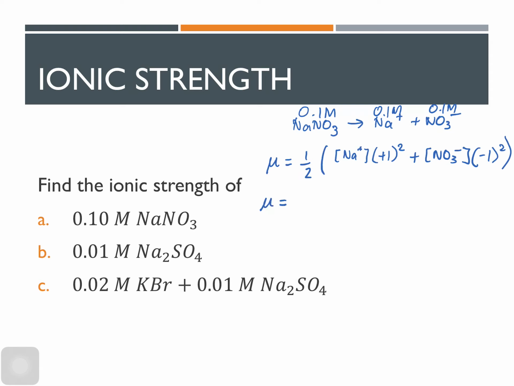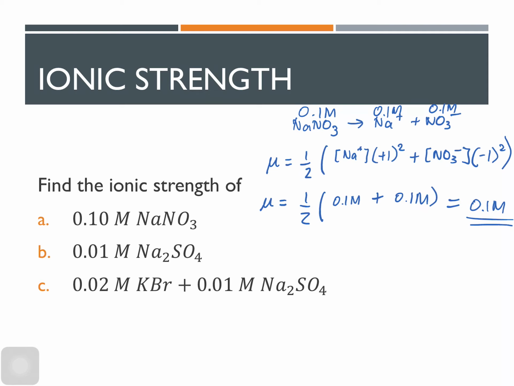That is 1/2 times 0.1 molar times 1 squared, which is still 1, plus the concentration of nitrate ion, 0.1, times negative 1 squared, which is 1, so 0.1 times 1 is still 0.1 molar. The ionic strength for the sodium nitrate solution is 0.1 molar.